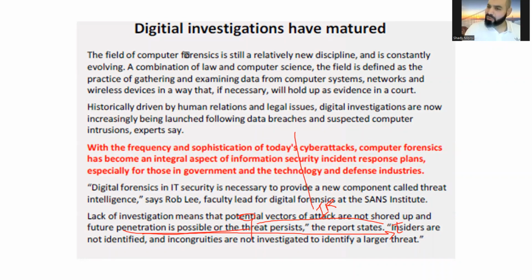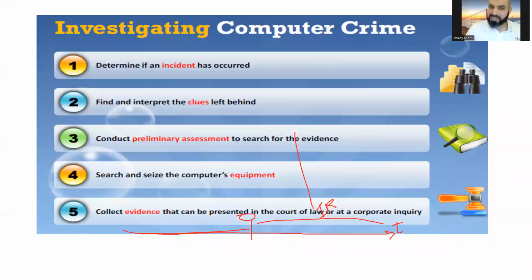If you're not going to do digital forensics, at least you're going to do incident response. And if you do incident response, sometimes you also need digital forensics. Some of the steps we do in incident response, we also do in digital forensics.